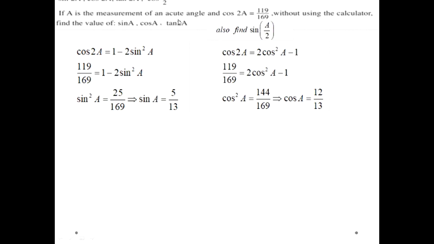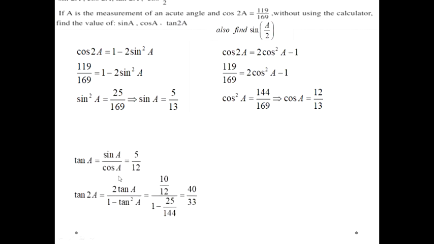How about tan 2A? The law that we have for tan 2A is 2 tan A over 1 minus tan square A. So in all cases, I need to find tan A. Don't worry, Mr. Sharif. We already found sine A and cosine A. Just divide them.